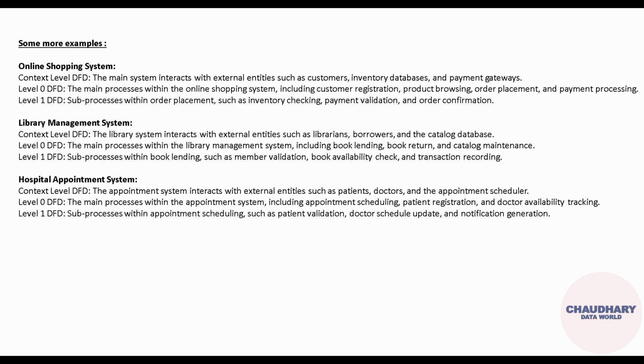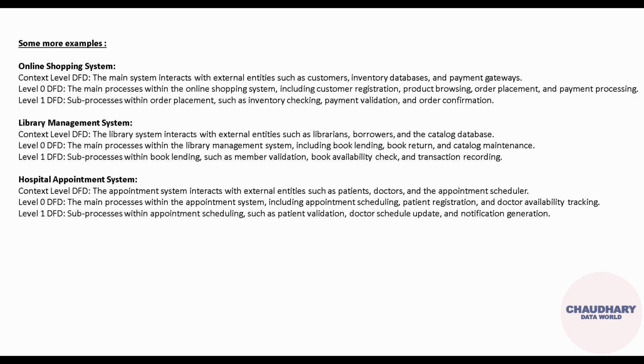Moving ahead with some more examples. If you didn't understand till now what the context level and level 0 are, this is the important concept here: how you maintain all the levels in your business, and whenever you create a data flow diagram, how you bifurcate the levels so that it is understandable to you as well as to other persons.